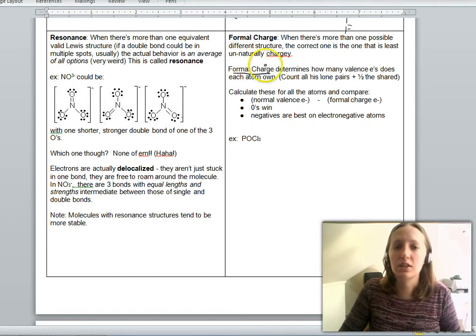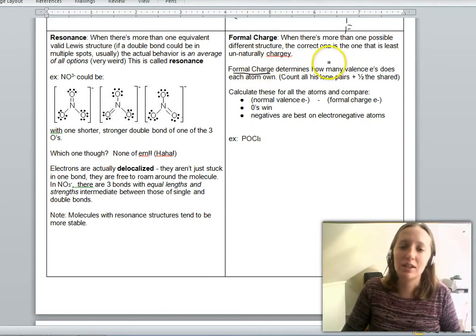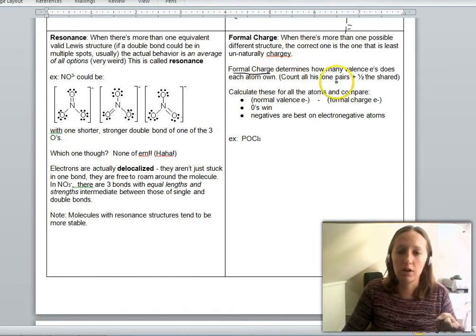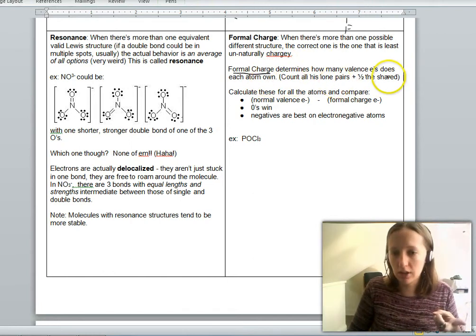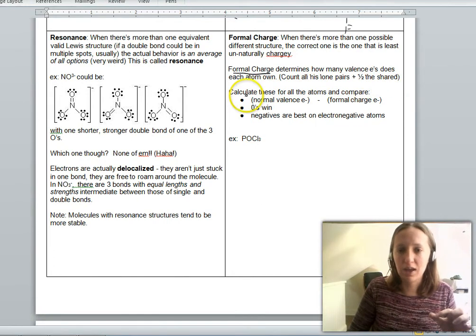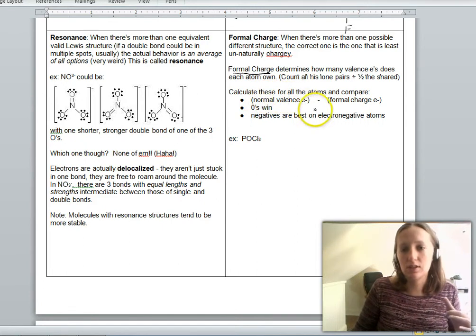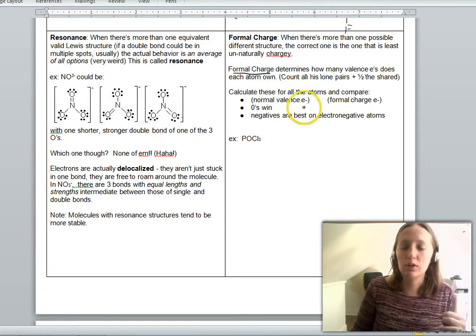Formal charge is basically determining how many valence electrons each atom owns, and that's going to be all of its lone pairs and half of the shared electrons. And so that's the formal charge of the atom, and what you look at is whether that is similar to its normal valence electrons. If it is similar, then you're good, and if it's not similar, then it's not as good of a structure.